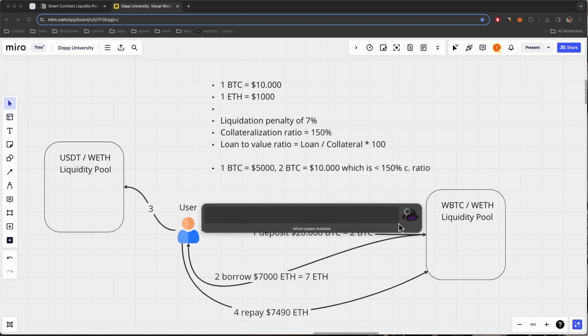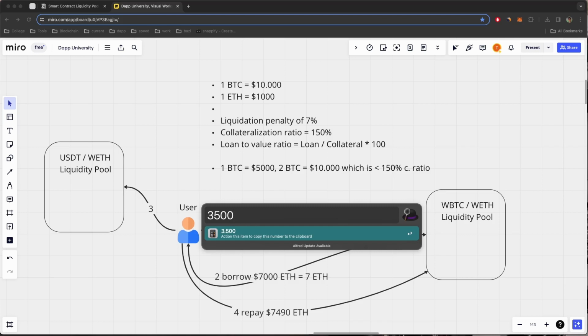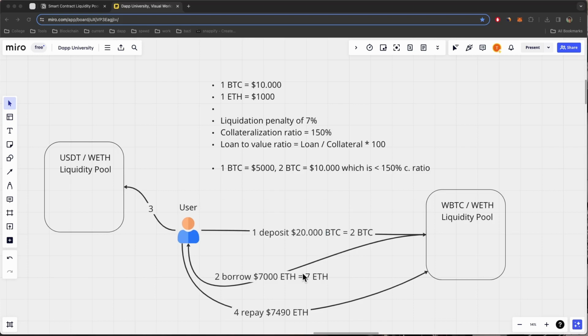So 50% of the 7k is 3,500 plus the 100% of 7 ETH. So your Bitcoin needs to be worth at least 10k and 500 so you can take out a loan of 7k. So we are okay in that part. We are depositing 20k of Bitcoin, which is more than 10k and 500.